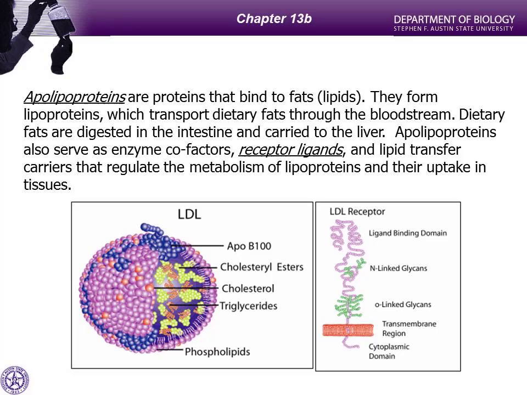But the apolipoproteins are basically ligands that are going to bind to receptors in your tissues and blood vessels. So ApoA1 is more likely to bind a receptor that you find on your hepatocytes, your liver cells. Whereas ApoB100, it's going to be more predominant in your tissues and in your blood vessels. You see how those are going to help anchor these in the right place so that the cells can process them accordingly.